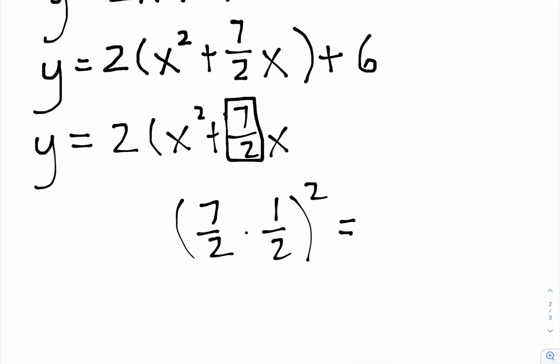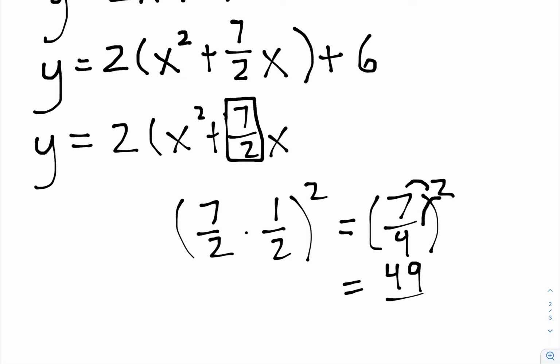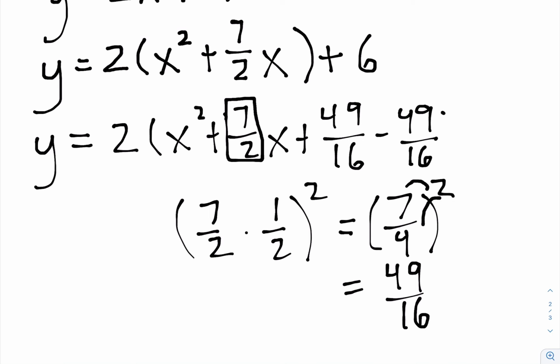Okay, so 7 over 2 divided by 2 is like 7 over 4, because we're kind of just doubling the bottom, and we're squaring that. Okay, so the square distributes into the 7 and the 4, so this is like 49 over 16. Okay, so we're going to add 49 over 16, and we're going to subtract 49 over 16.